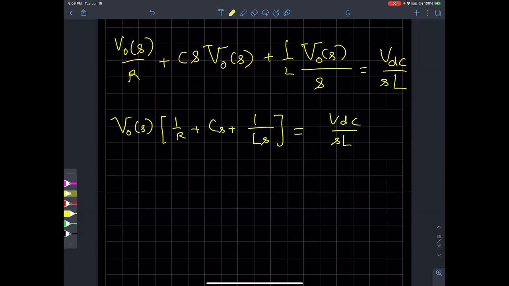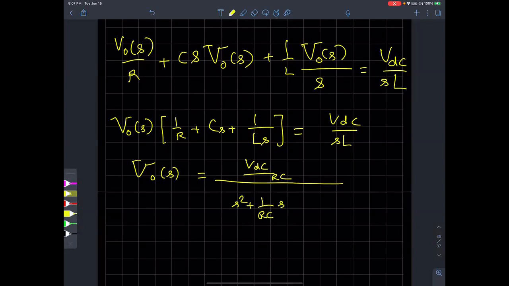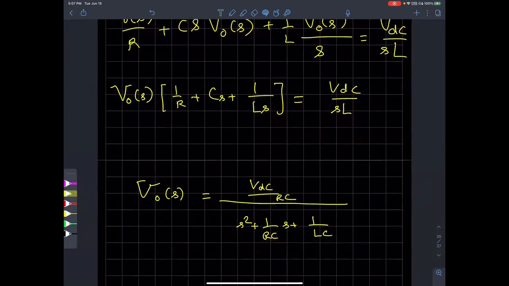Then once you massage this equation, you will end up with the result that V of S is going to be VDC over RC by S squared plus 1 over RC times S plus 1 over LC.